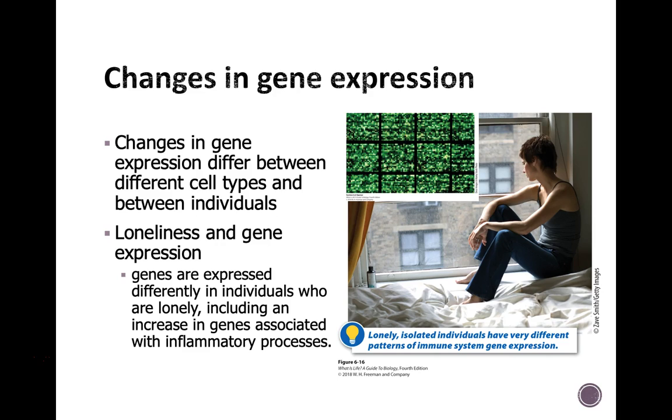So they found that there were a variety of diseases that are related to this difference in gene expression. So some of these inflammatory diseases are arthritis, fibromyalgia, different types of back pain, neck pain, other unexplained swelling.